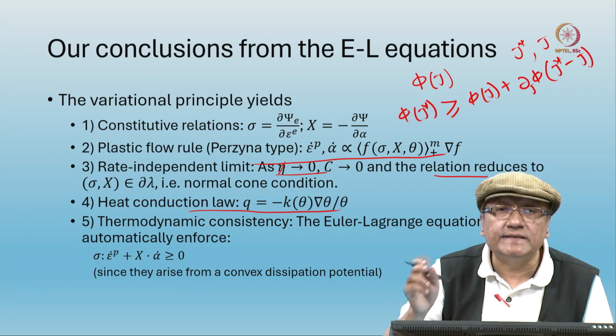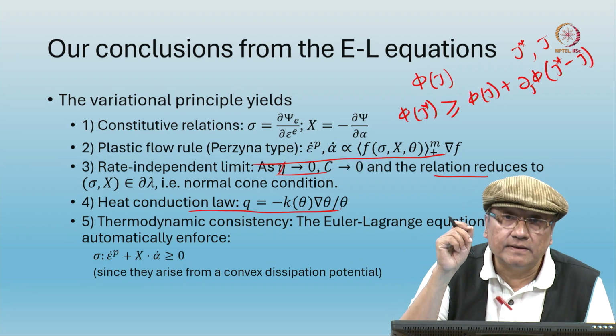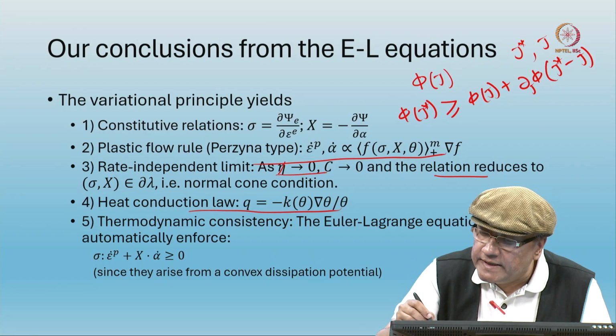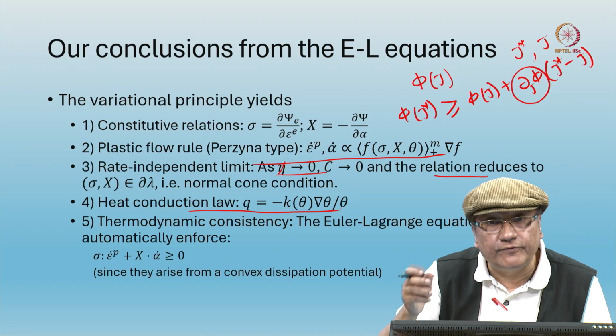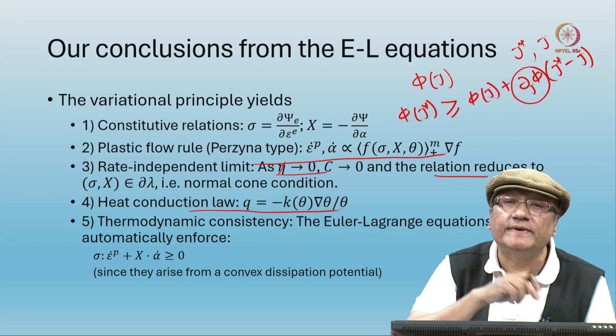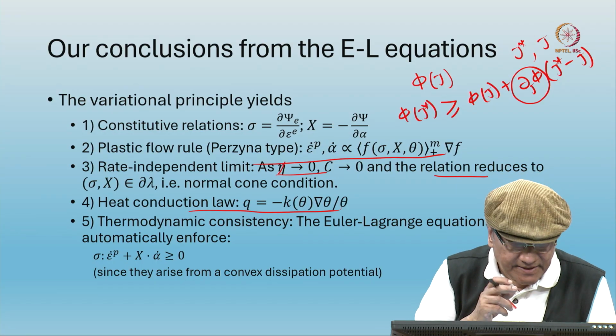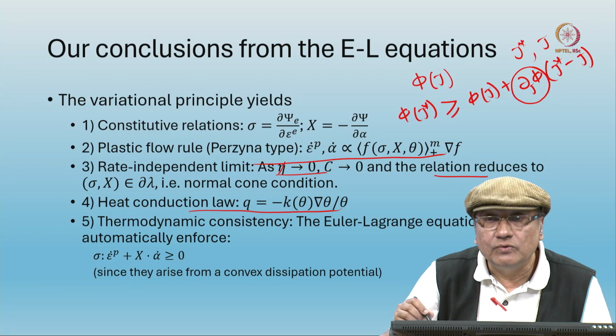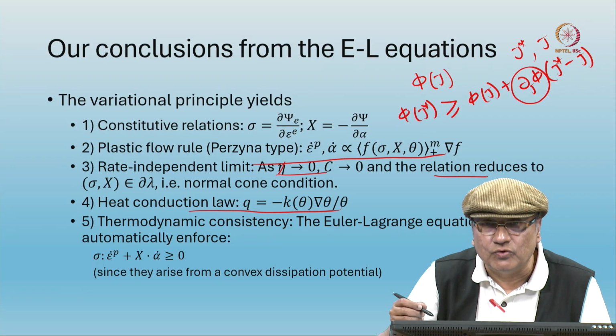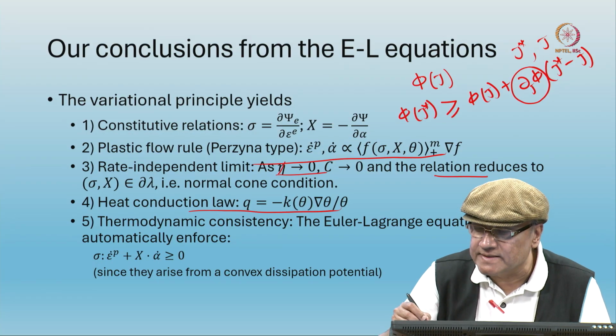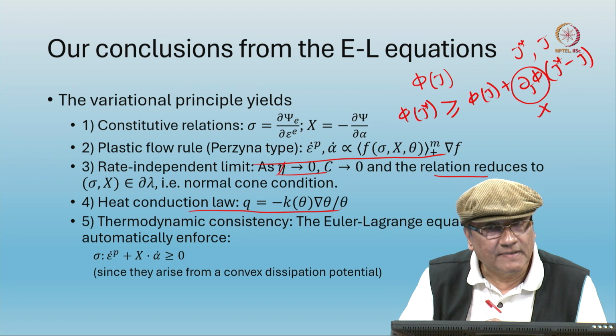J is a rate, remember that, and del phi of j is the thermodynamic force corresponding to this rate j. That is true. So therefore we can write this by a force, you can call it x.